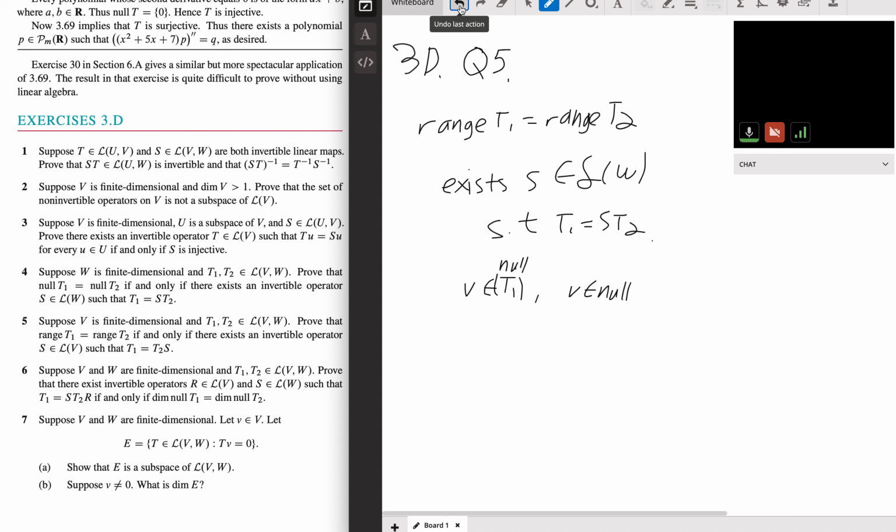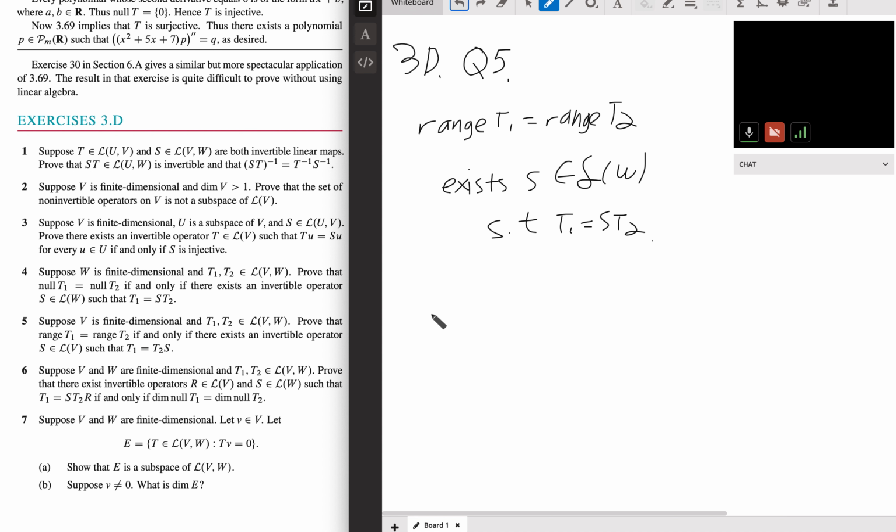And of course, because they have the same null spaces, you can establish a basis for it, and everything which is not in that basis will be what makes T1 and T2 not 0, right? So once you extend that basis, everything that's in the basis of V but not in the basis of the null space of T1 will be what we want to examine, because that's where the interesting stuff happens.